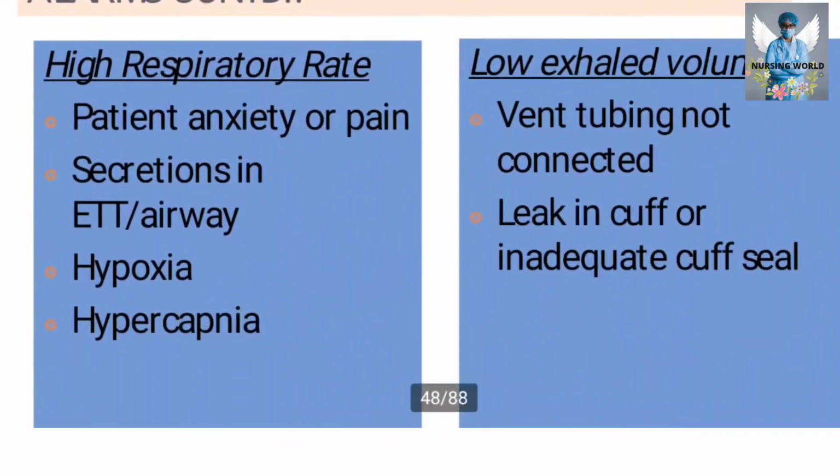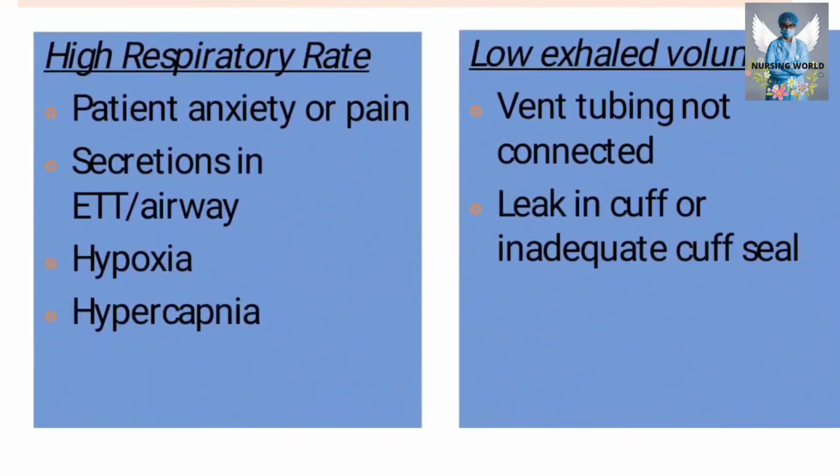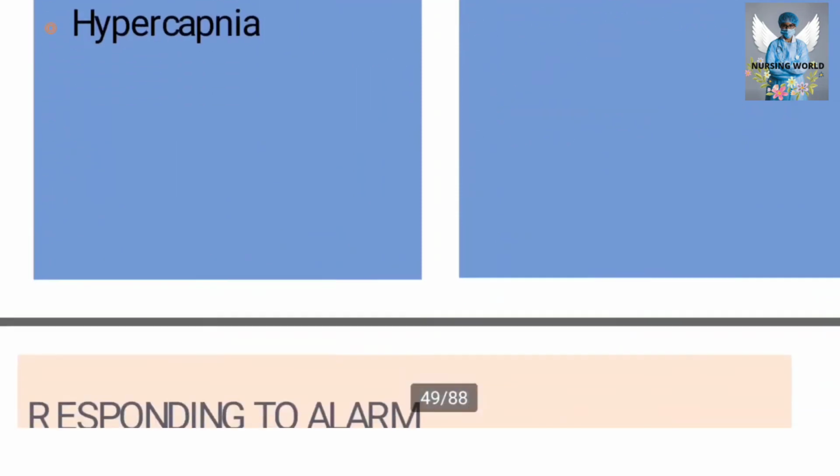A higher respiratory rate alarm occurs when the patient's anxiety or pain increases, with secretions in the ETT or airway, hypoxia and hypercapnia. A lower exhaled volume alarm occurs when the ventilator tubing is not connected, or there is a leak in the cuff or inadequate cuff seal.